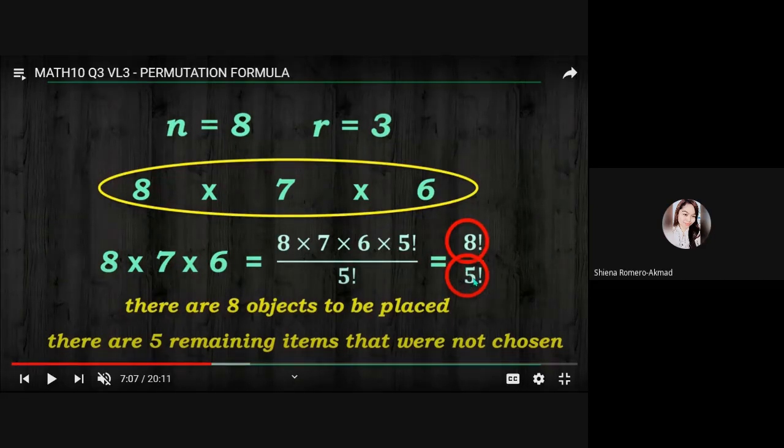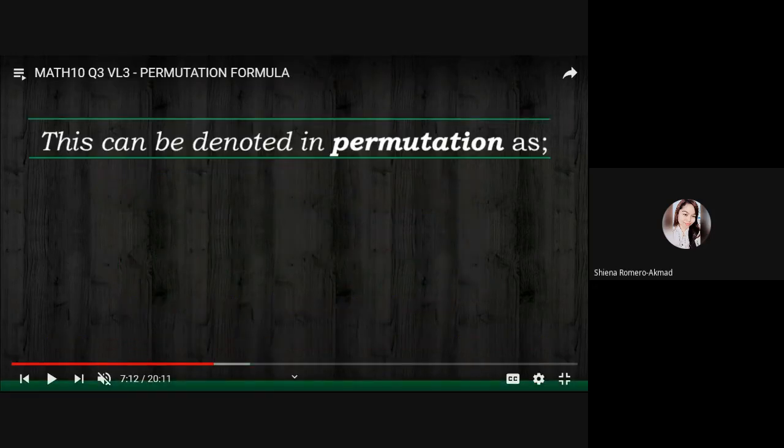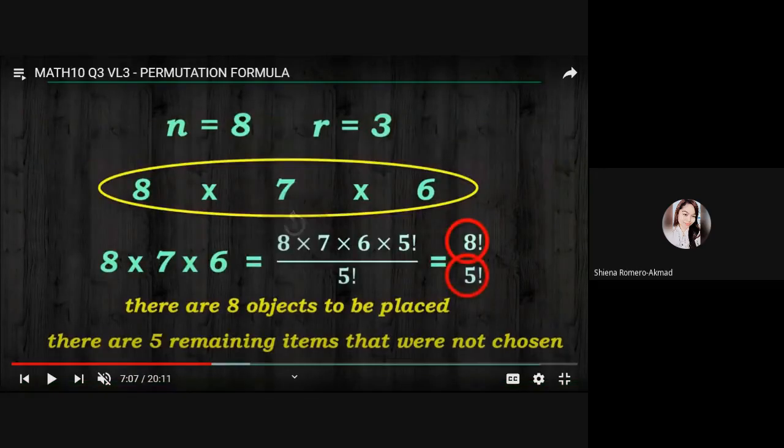And 5 here came from 8 minus 3, because there are 8 items minus the 3 that were chosen. So, doon siya nanggaling, okay? And if you look at the problem, we represent the number of items as n because we are going to have permutation.